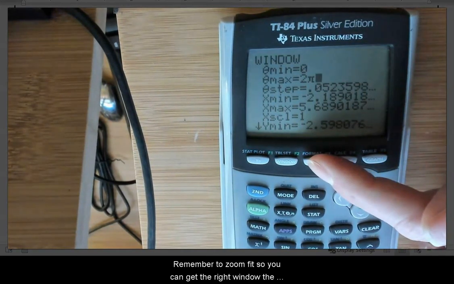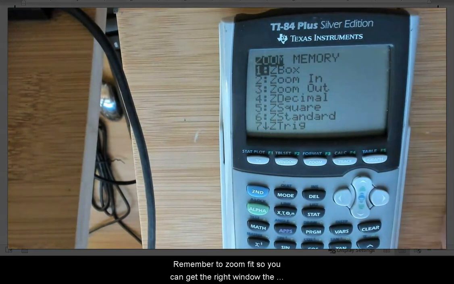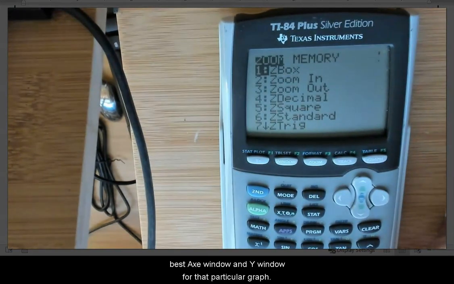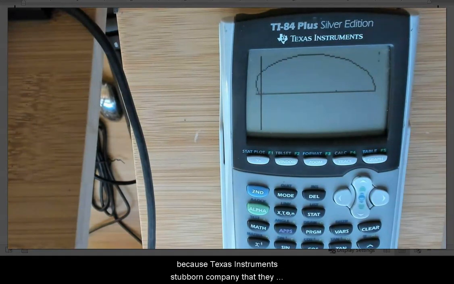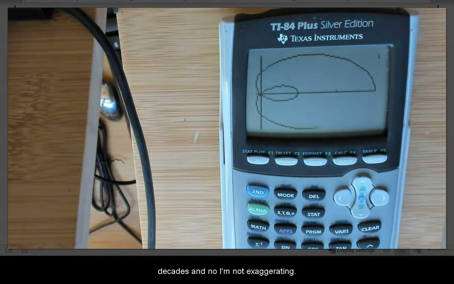Remember to zoom fit so you can get the best X window and Y window for that particular graph. It won't, however, be proportional, and that is because Texas Instruments, stubborn company that they are, insisted on using rectangular screens for decades. And no, I'm not exaggerating.